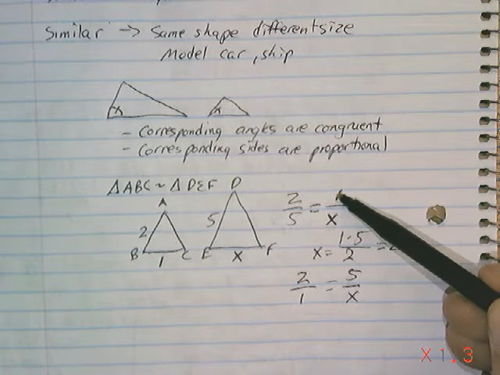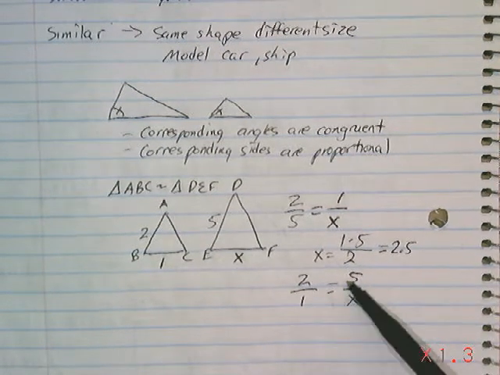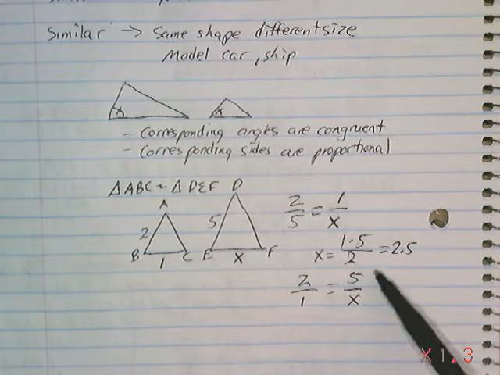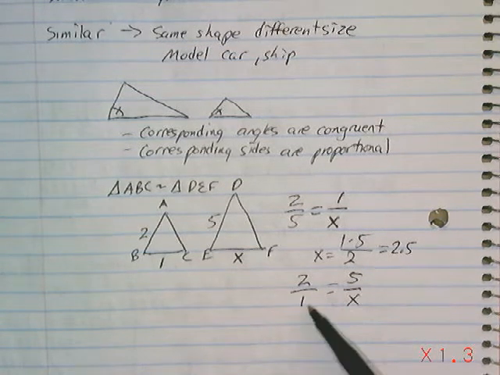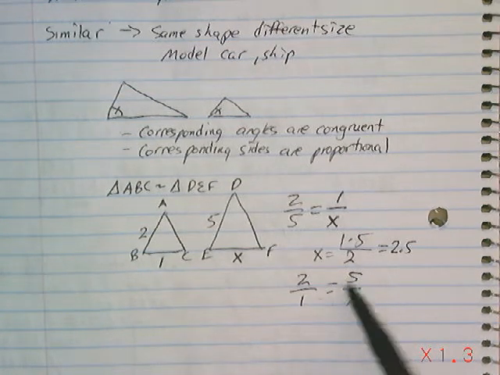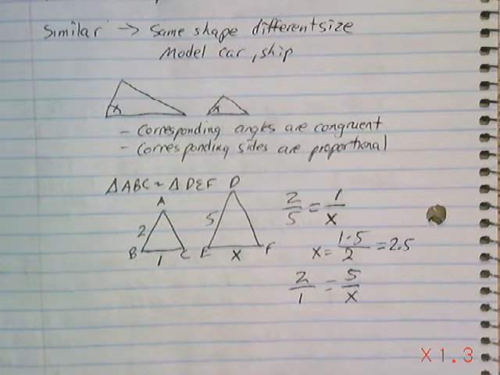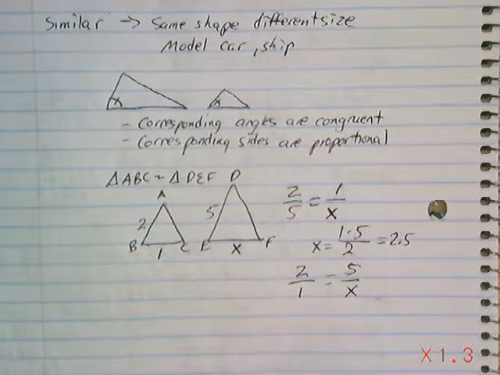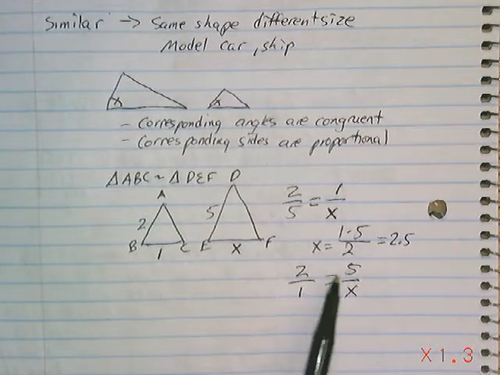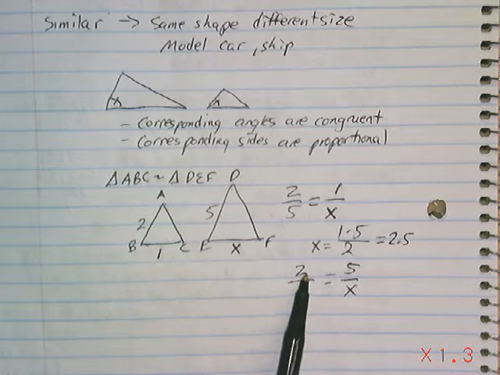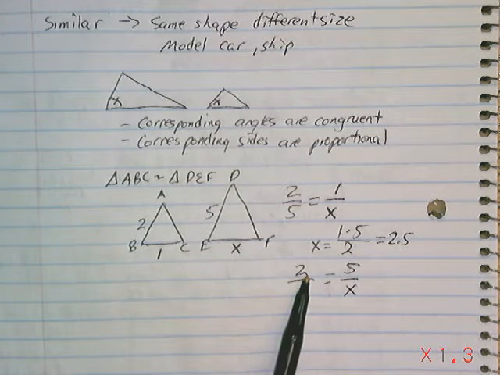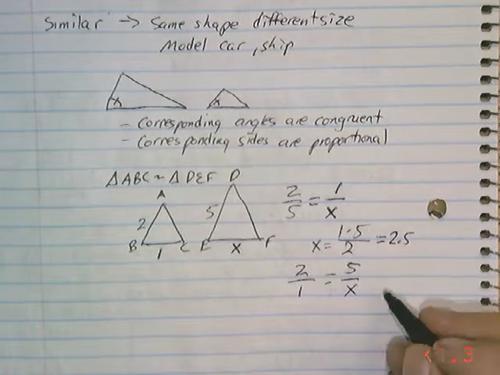This is the sun's rays. Okay. And we have over here a yardstick, which we know how tall the yardstick is. A yardstick is 3 feet tall. So the yardstick also has the sun's rays coming through it. And we can measure the shadow of both the yardstick and the shadow of the tree.